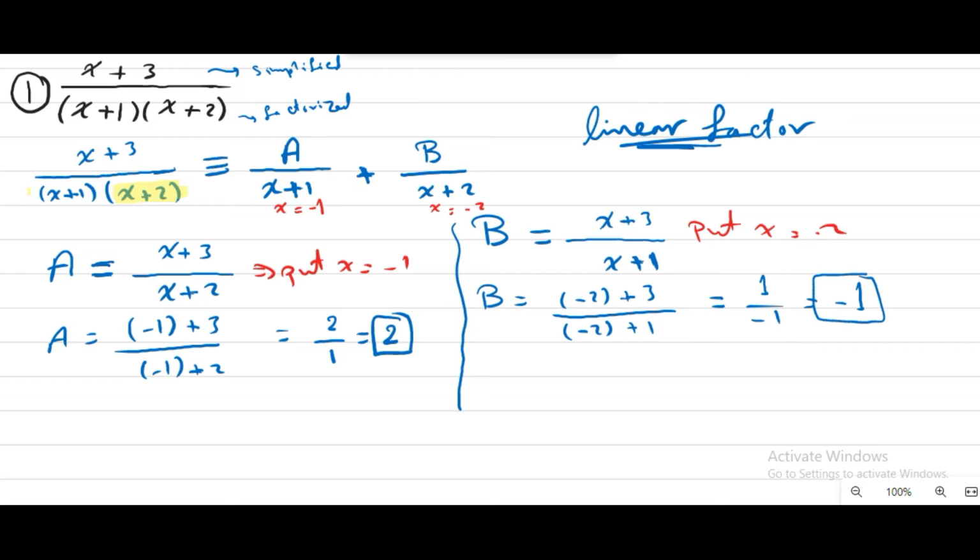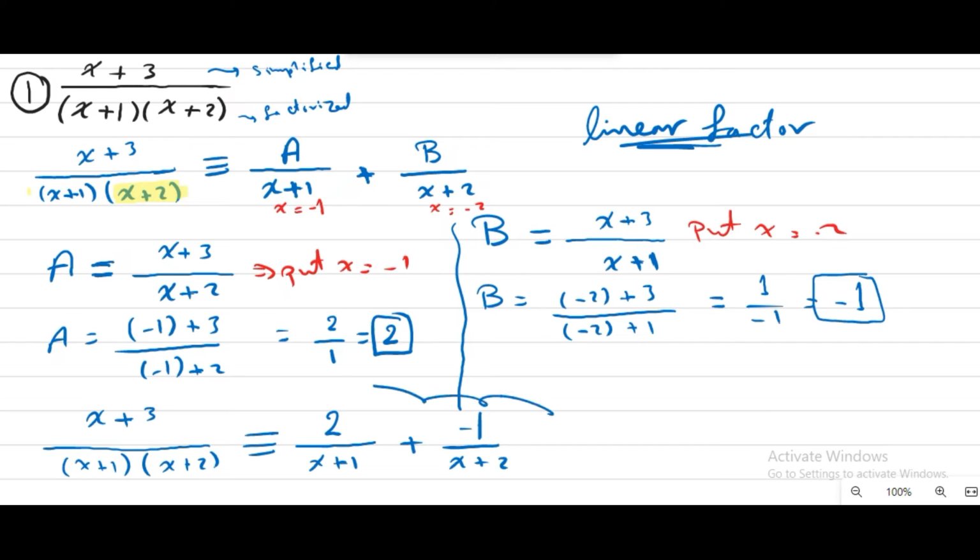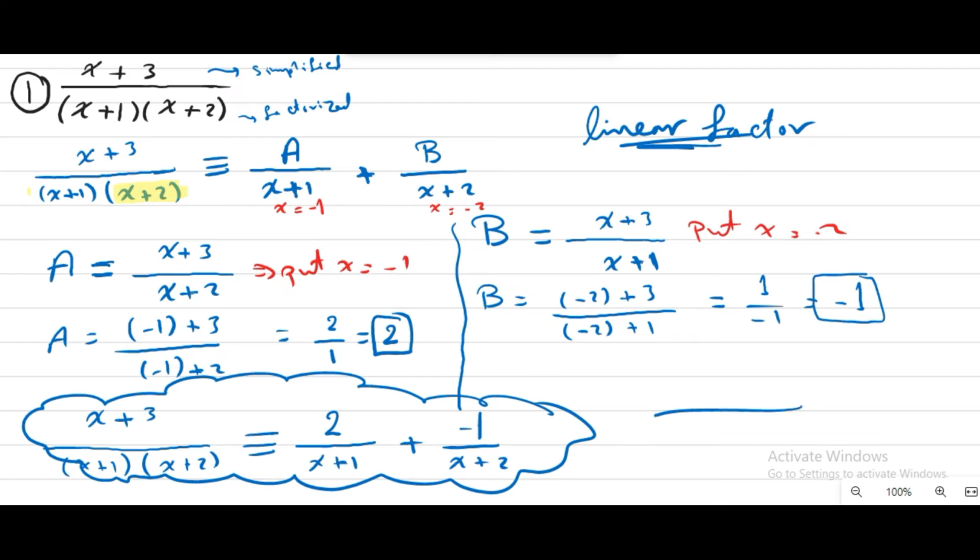This is the value of letter B. Then we write the expression in the final form: (x + 3) over (x + 1)(x + 2) as partial fractions will be, the value of letter A, 2 over (x + 1), plus the value of B, negative 1 over (x + 2), and this is the final answer for this expression.